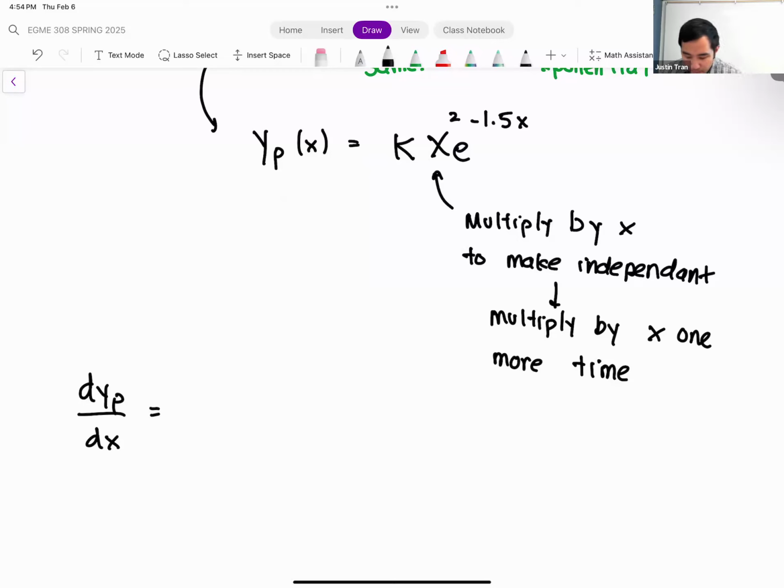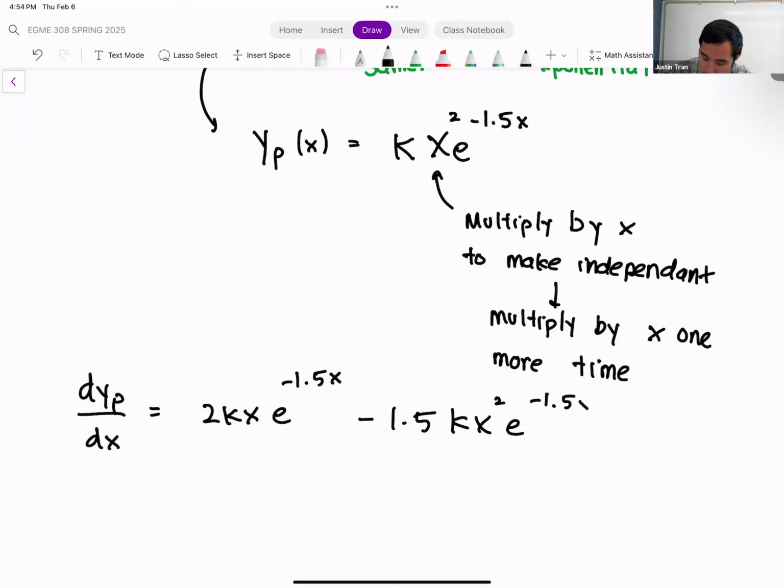The first derivative is going to be derivative of the first, so that's 2k x e to the minus 1.5x plus kx. Oops. Already messed up. The second term here should be minus 1.5 kx squared e to the minus 1.5x. So that's the derivative of the exponential term after that.